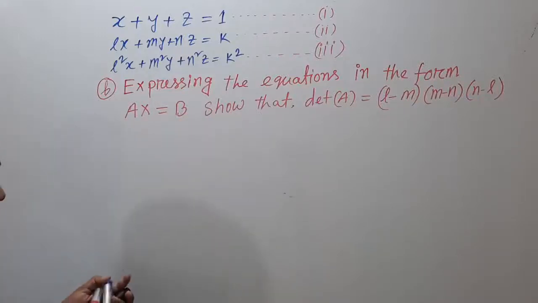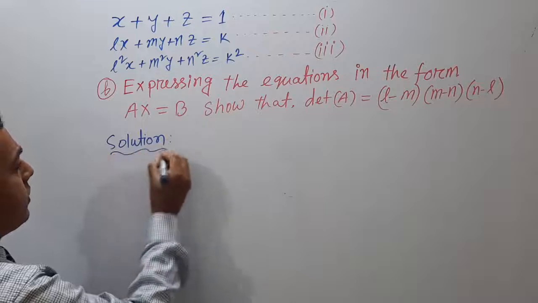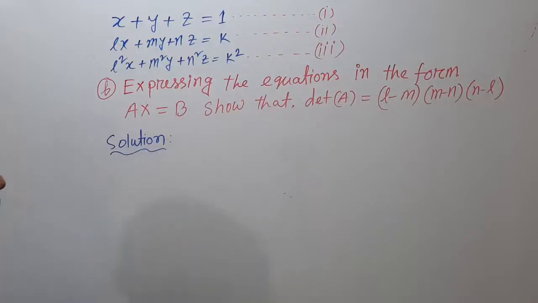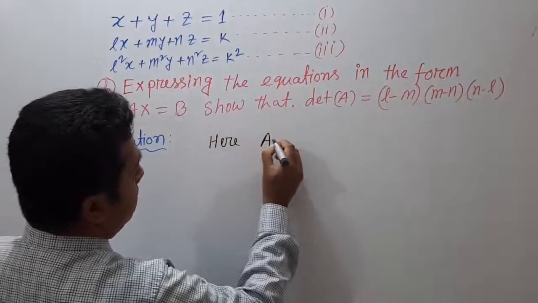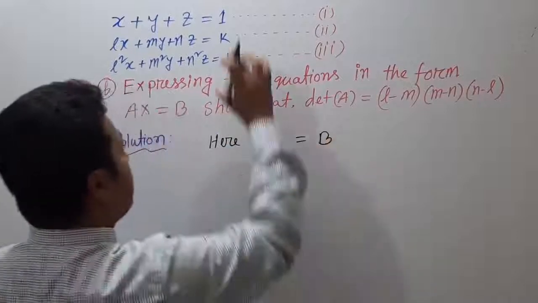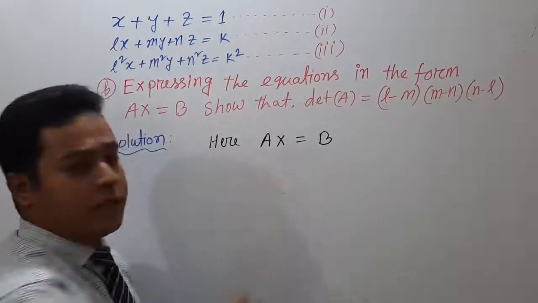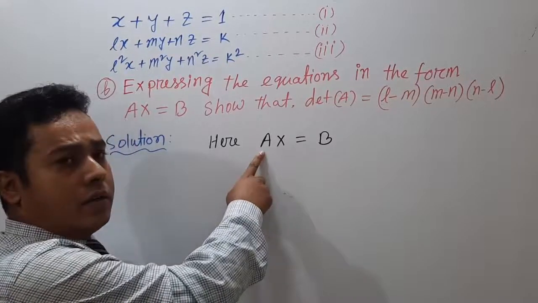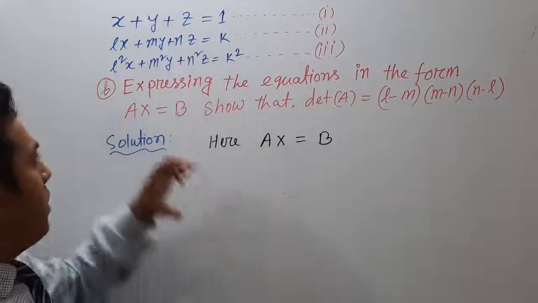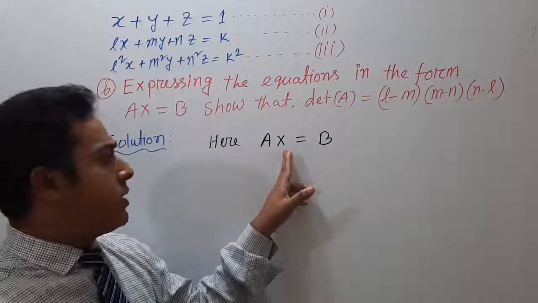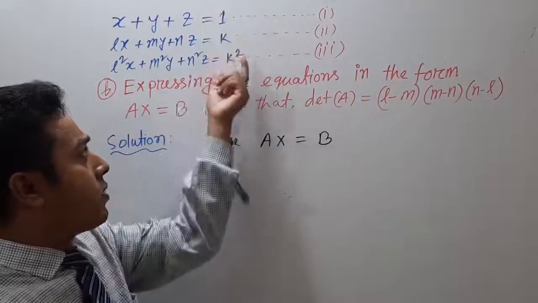Here is the solution of question B: Ax is equal to B. If this equation is converted into this form, you have to know what is A, what is X, and what is B. A will be the matrix created by the coefficients of x, y, z, and X is a matrix created by the variables, and B is a matrix created by the constant terms.